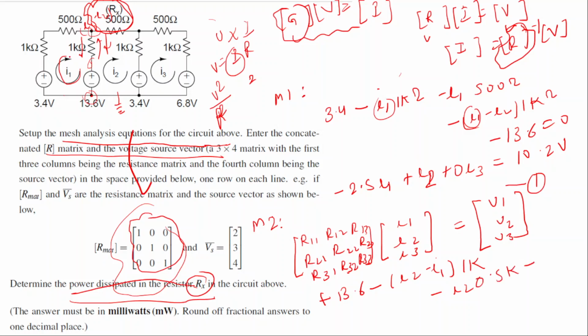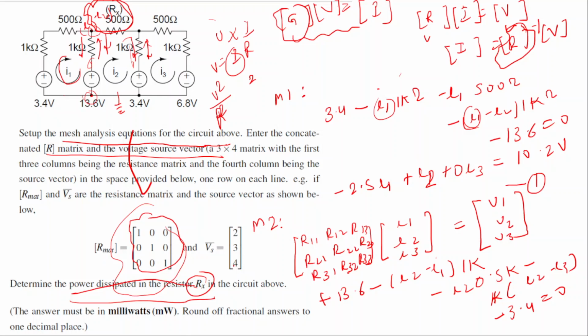Then minus, the current in this direction will be I2 minus I3, the current forced by this mesh minus the opposite current forced by the other mesh. So it will be 1 kilo ohm times I2 minus I3. Then minus 3.4, equals 0.